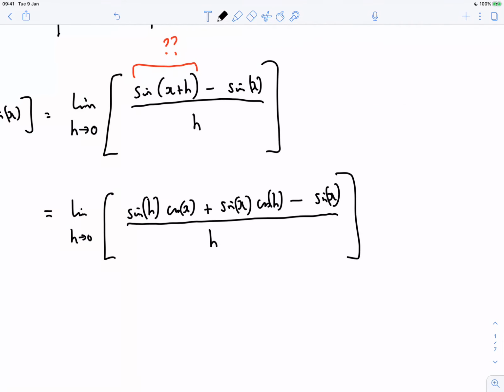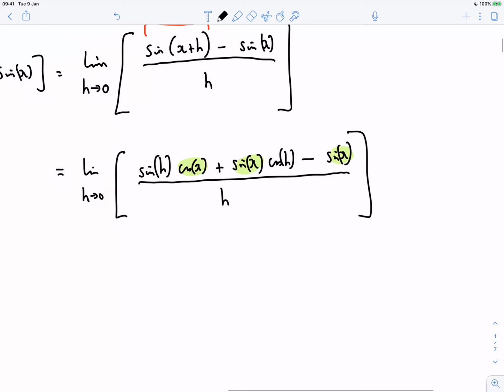Okay. Right. Now, what I'm going to do is I realise that there's some cosine x terms and there's some sine x terms here, so I'm going to collect them.